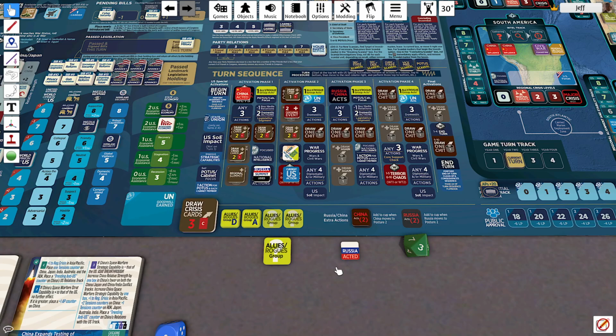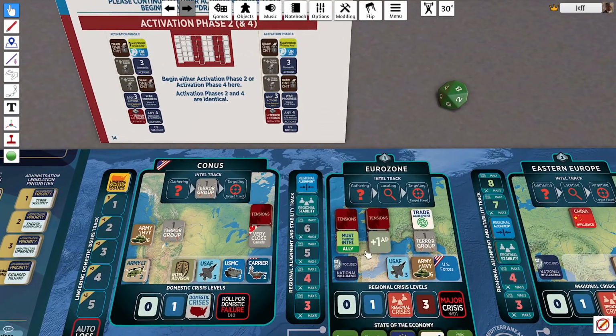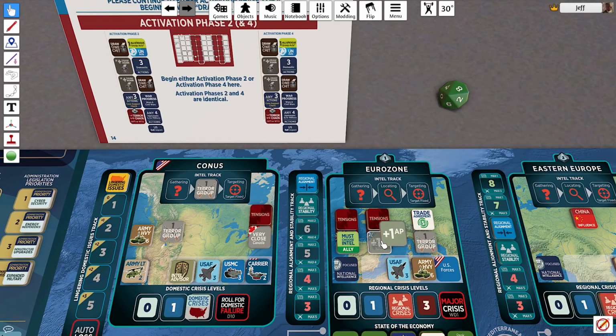First up, EU. Okay, EU gets an extra AP. No. Oh, EU is its own separate thing. World Economic.